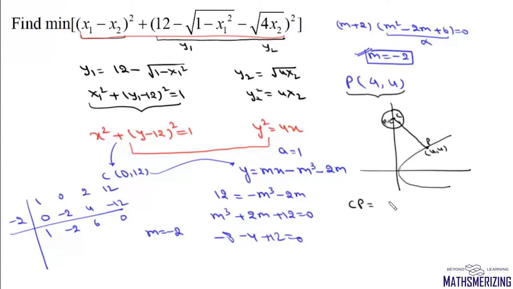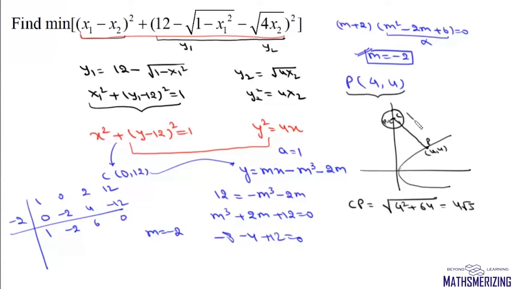So CP in this case will be under root of 4 square plus, now 12 minus 4 is 8, 8 square is 64. 64 plus 16 is under root 80 and that is 4 root 5. So this is 4 root 5.